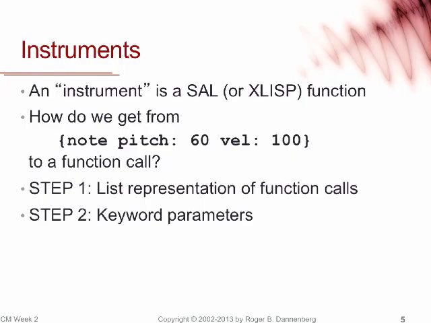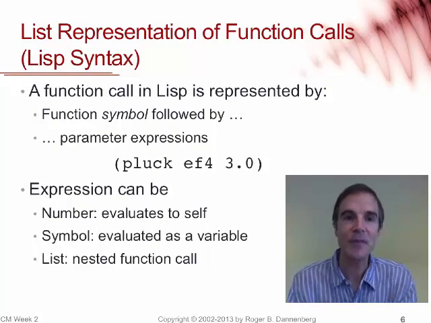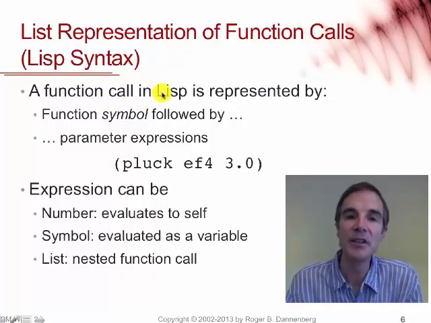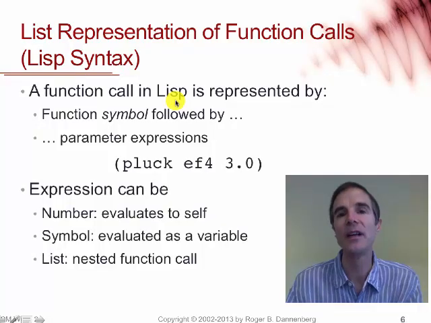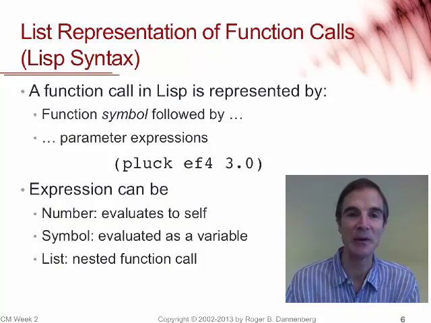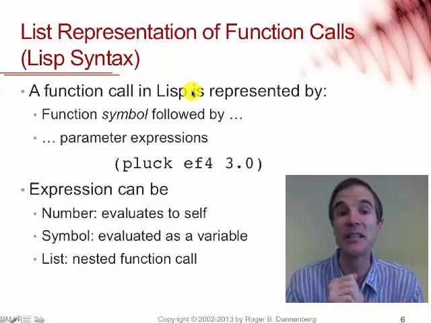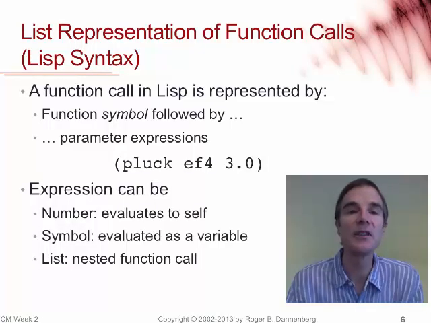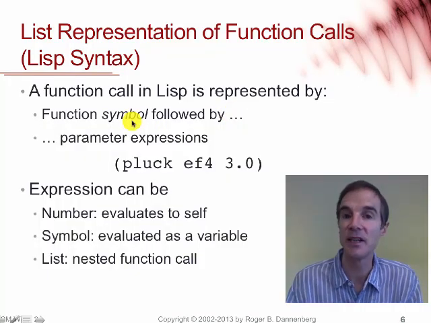So step 1, this list representation of function calls. In Lisp, a function call is not represented or written the way that you've probably always seen function calls done in programming languages. In Lisp, every program is just a list, and you represent function calls by lists where the first symbol in the list is the name of the function.